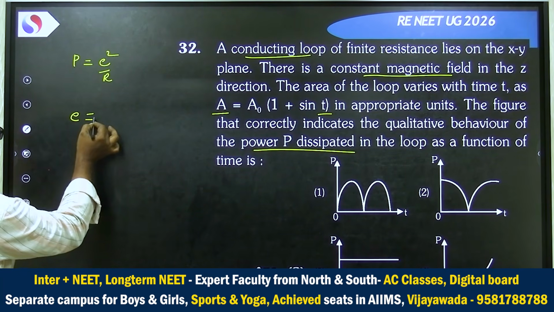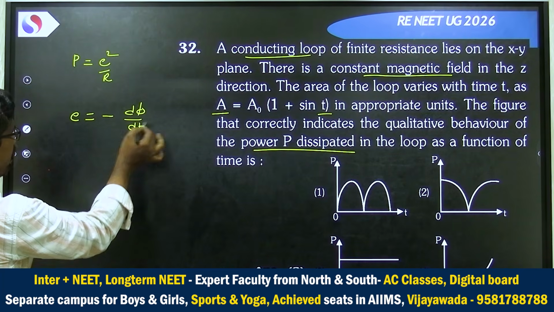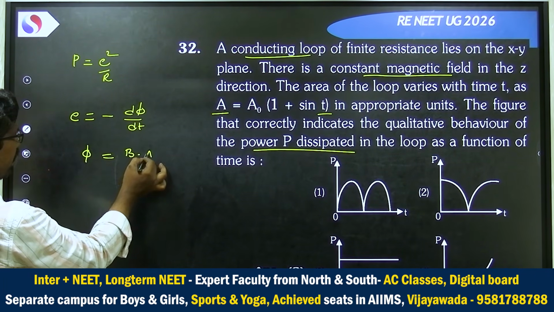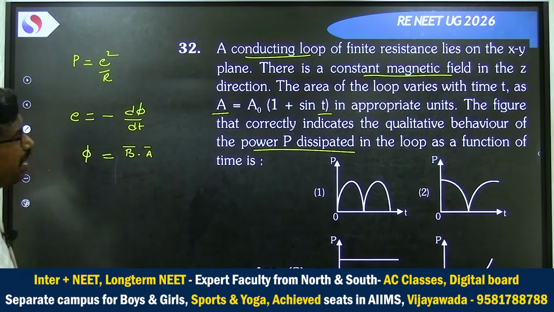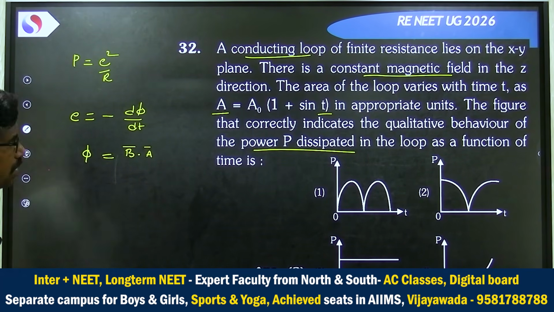EMF E is equal to minus d phi by dt. Here phi is the flux. That flux phi is equal to B dot A. Here the magnetic field and area vector lie along the z-axis. The angle between B and A is 0.